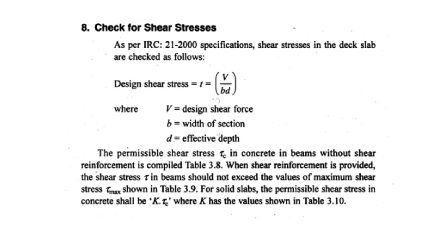The permissible shear stress tau C in the concrete beam without shear reinforcement is given in table 3.8. When shear reinforcement is provided, the shear stress in the beam should not exceed the maximum shear stress tau C max. For solid slab, the permissible shear stress in concrete shall be calculated as K into tau C, where K depends upon the factor beta.